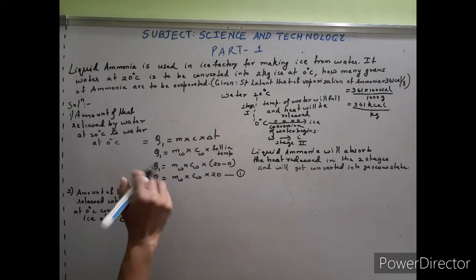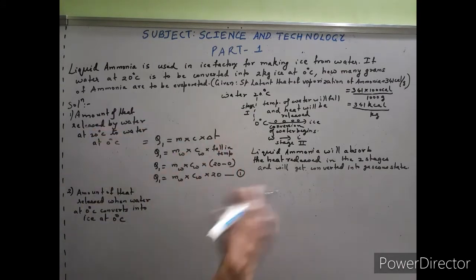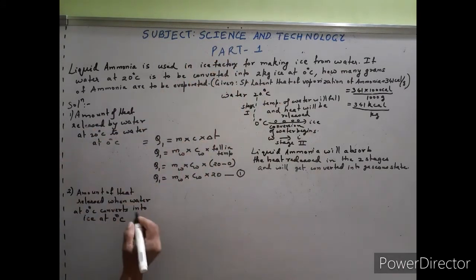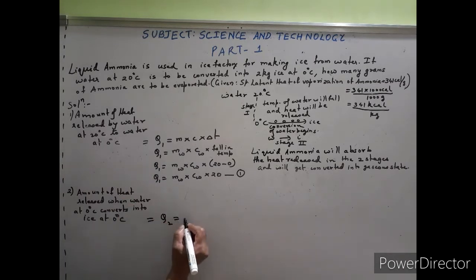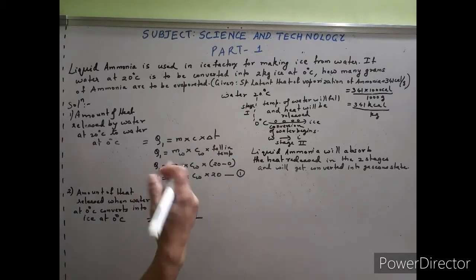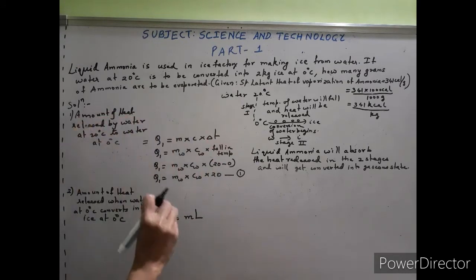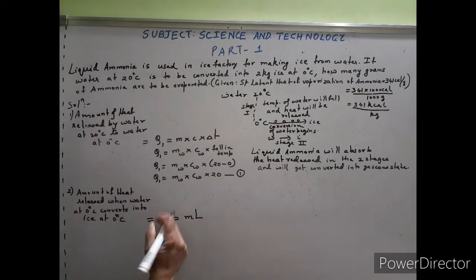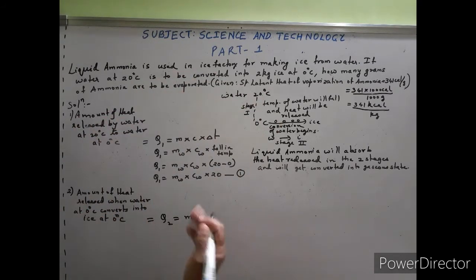So जब वाटर आइस बनेगा, latent heat will be released. तो कितना हीट रिलीज हो रहा है, that will be given by say Q2, formula used will be ml, because conversion of state हो रहा है from liquid form to solid form. तो जब conversion of state होता है, state change होता है, तो ml use करते हैं.